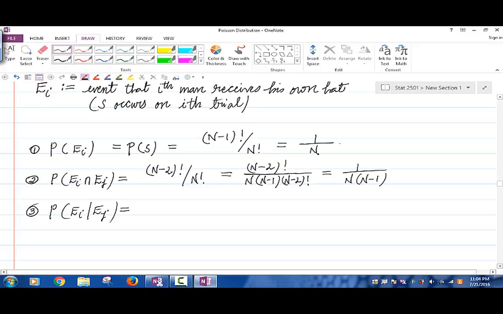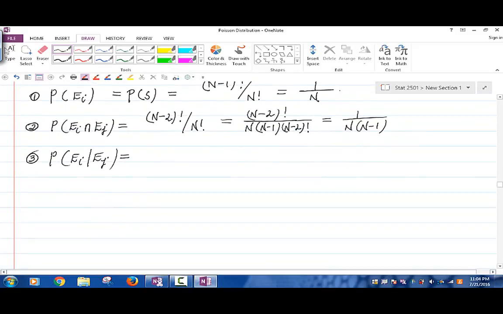Now, what is the conditional probability of E_i given E_j? What's the probability that the ith man keeps his hat given that the jth man keeps his hat after permuting the hats?